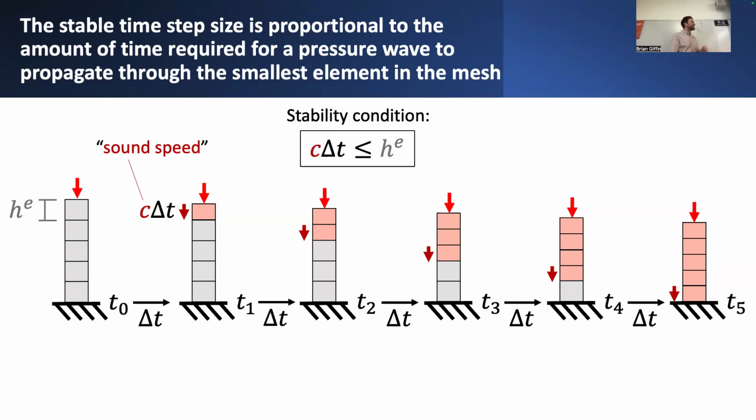So imagine I had this very simple one-dimensional mesh consisting of a bunch of elements that have notionally the same size. And on the end of it, I apply some kind of pressure impulse or something like that.